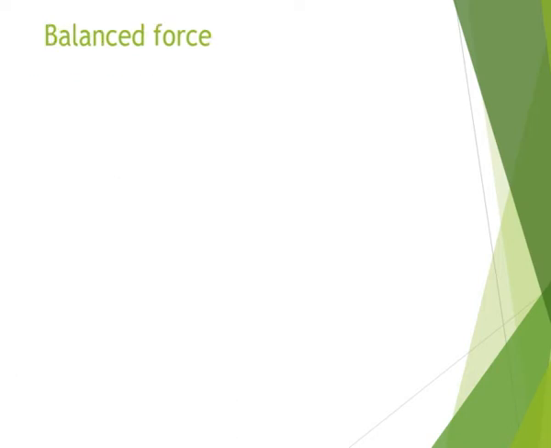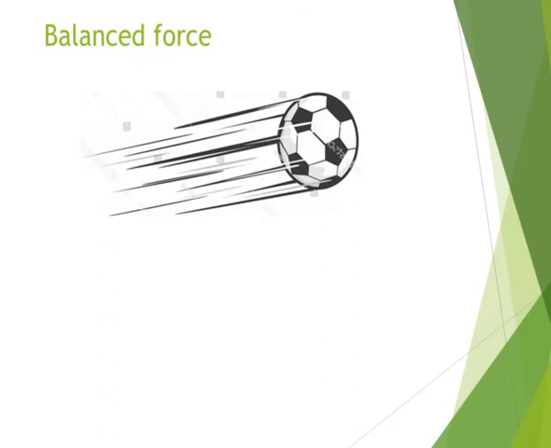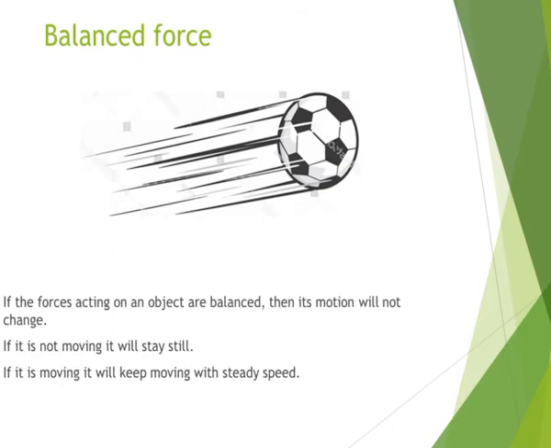So let's discuss the balanced and unbalanced force. If the forces acting on an object are balanced, then its motion will not change. For example, if a ball is not moving, it will stay not moving. If the ball is moving, it will continue moving but with steady speed.